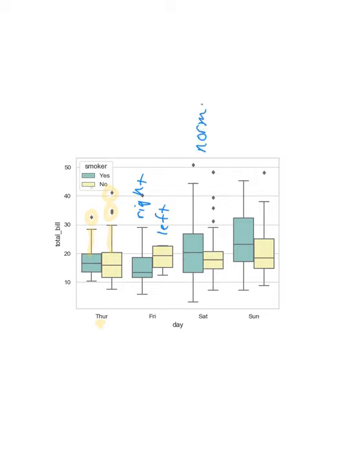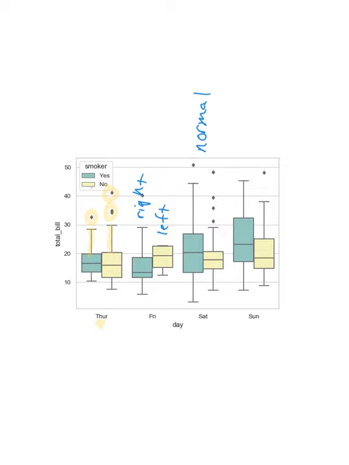So they would be unimodal, centered toward the middle. On average, the smokers pay more. You would benefit a whole lot more from serving a smoker on a Saturday compared to non-smokers, who tend to pay less.